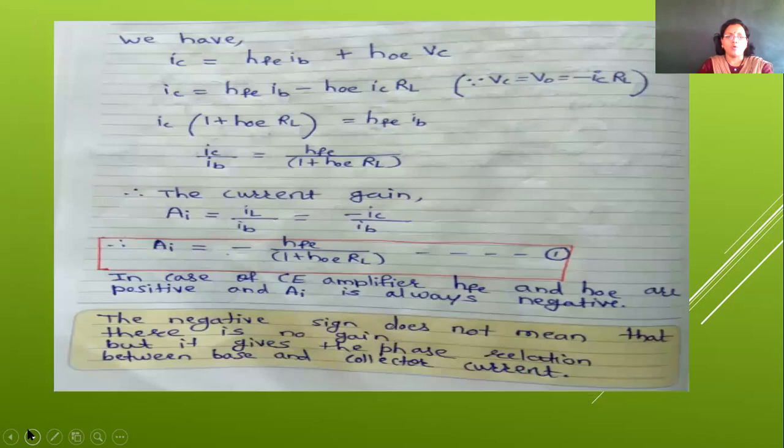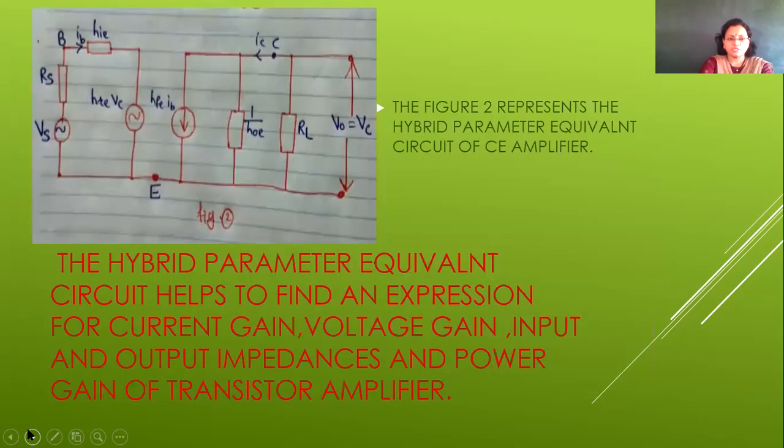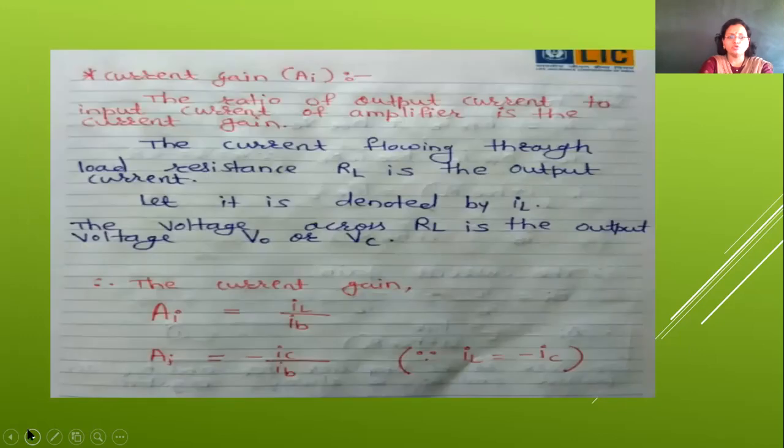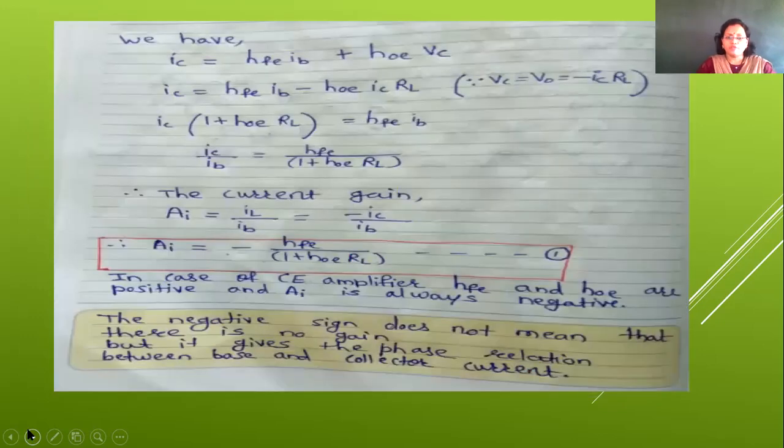So we have IC. If you look at this diagram, IC is equal to HFE IB plus HOE VC. IC is equal to HFE IB as it is, and in place of VC we put VO is equal to minus IC RL.